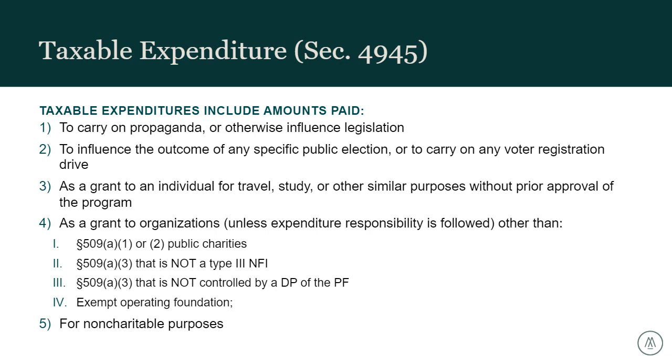Number 3 here is making a grant to an individual for travel or study. Most people would think a grant for travel probably doesn't sound charitable, but a grant for study does sound charitable. But it's really important, if you are going to make grants to individuals, that you get prior approval from the IRS to do that.